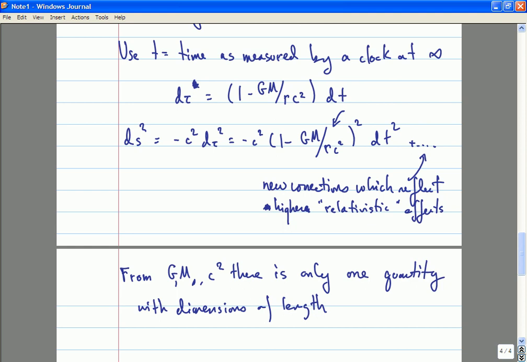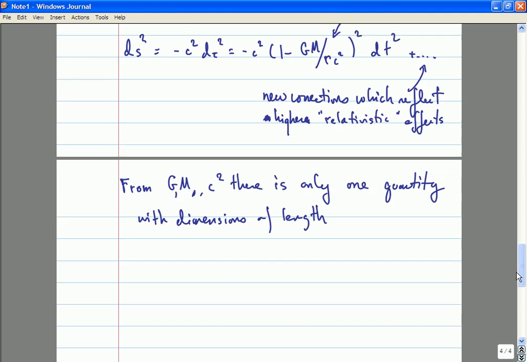So that means that any of the effects of general relativity that are due to some mass must be described by that ratio GM over c squared. So we typically give a name to that ratio. In fact, for historical reasons, and for reasons that will become clear to you shortly, we typically include a factor of 2.